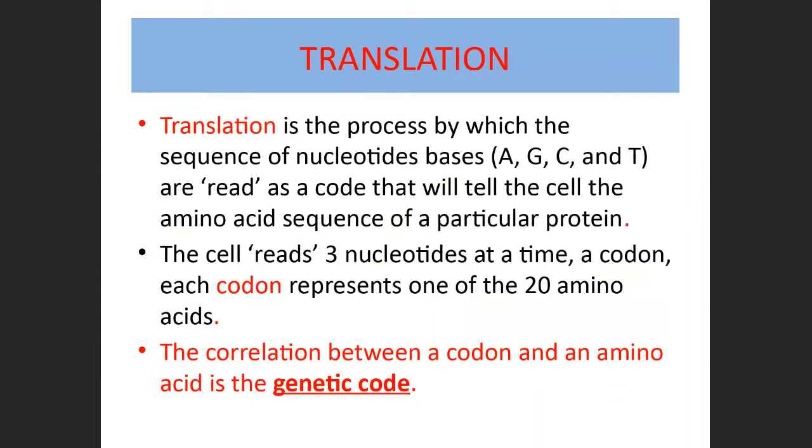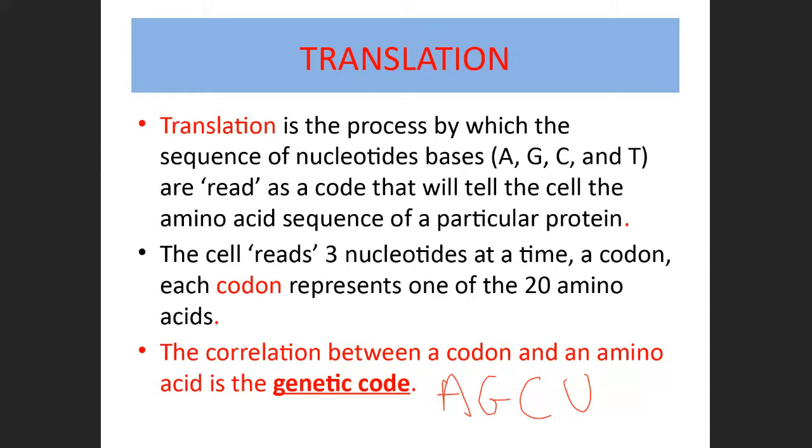In order to translate, cells have to take this nucleotide language, this sequence in the messenger RNA of A's and G's and C's and U's, and change that sequence into amino acids, which is what proteins are made of. So the question is, how does the cell know which amino acids go for each of these nucleotides?